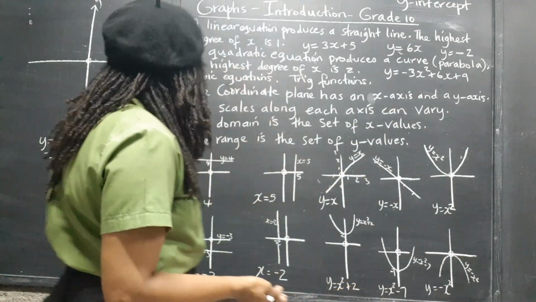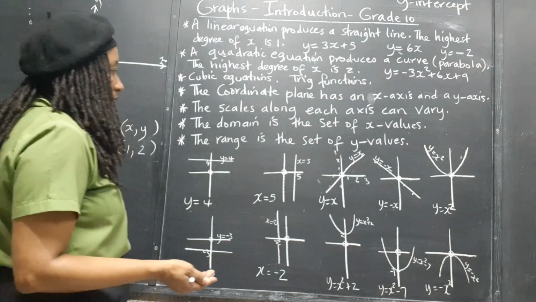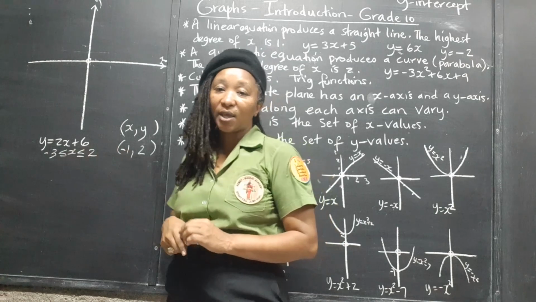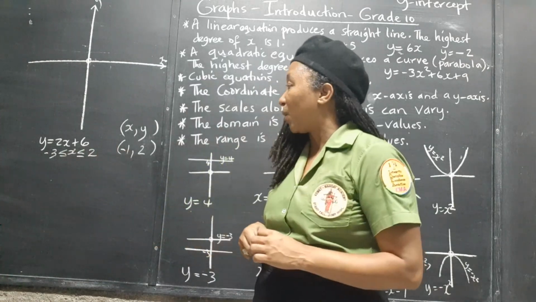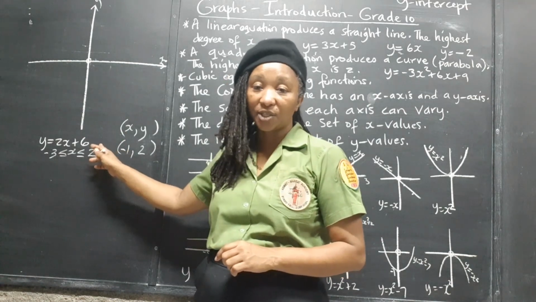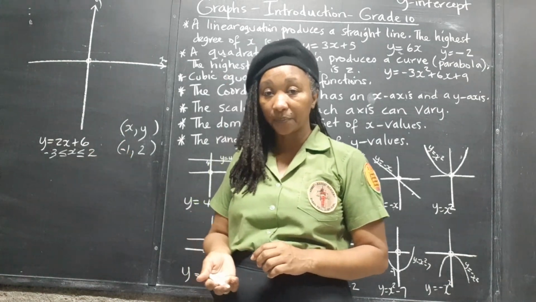Alright, so let's write up the table then for this equation, y equals 2x plus 6. So when we're about to plot our graph, this is a linear equation, so we're going to get a straight line, right?